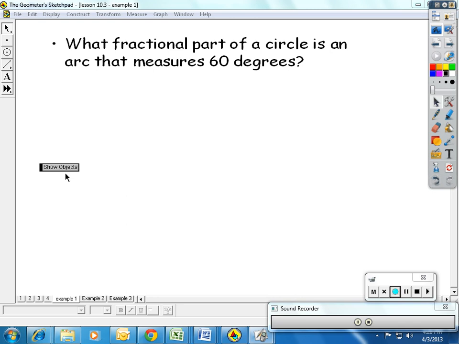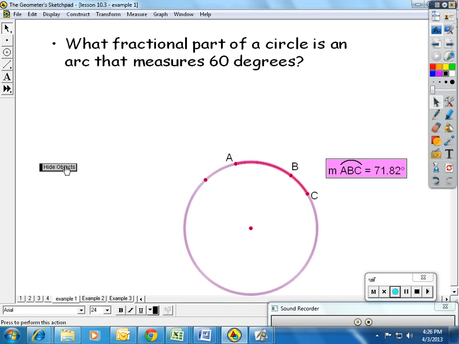So here's my circle. If I take this and I write the measure at 60 degrees, that's pretty close to 60 degrees. What fraction of the circle is this?